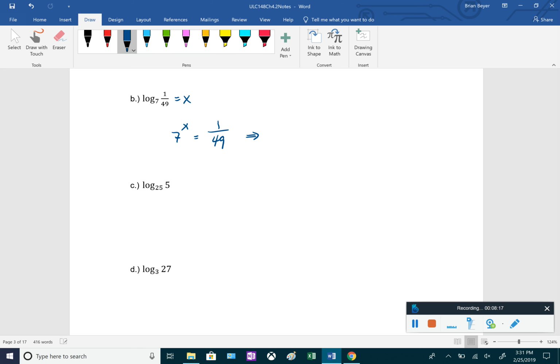Clearly this got reciprocated, right? The 7 became 1 over 49. So that means x is going to be negative something. 7 squared equals 49, so x is going to be negative 2. 7 to the negative 2 equals 1 over 49. So that means log base 7 of 1 over 49 equals negative 2.